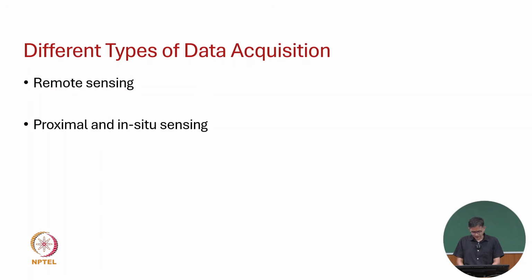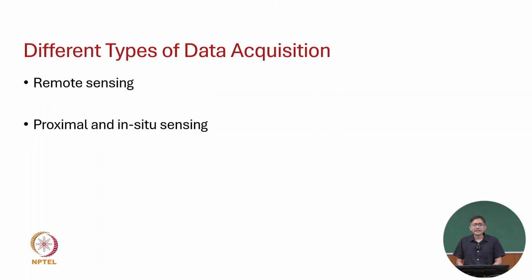With this background, let us go ahead and let us try to understand the different types of data acquisition that happen in Earth observation. So remote sensing is the most dominant form and the kind of data acquisition that we will be talking about for most of this course.